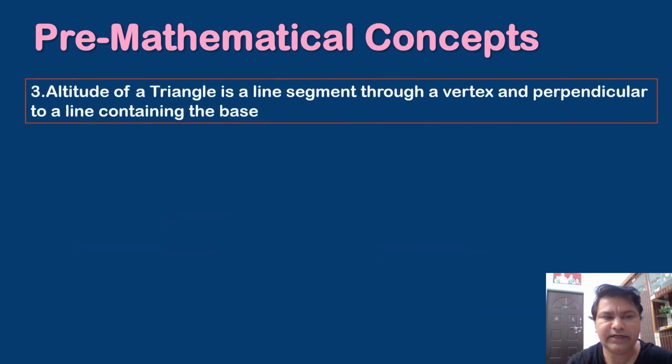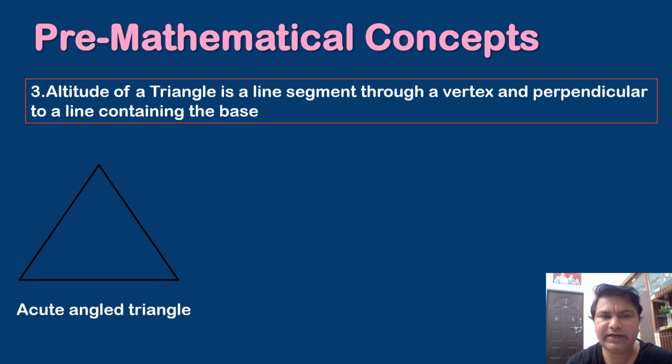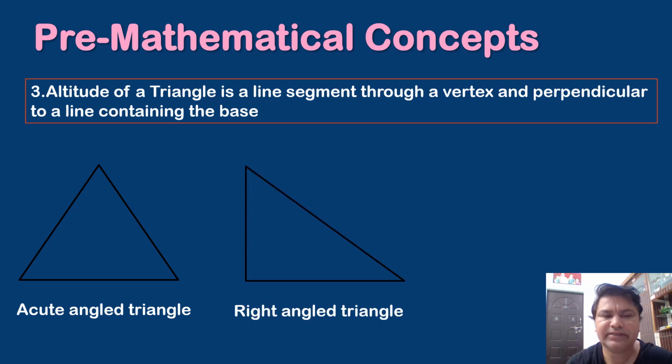And the third concept is altitude of a triangle is a line segment through a vertex and perpendicular to a line containing the base. Here we explained about the altitude. For this purpose, I am going to take three types of triangles. The first one is acute angle triangle, the second one is right angle triangle, and the third one is obtuse angle triangle.